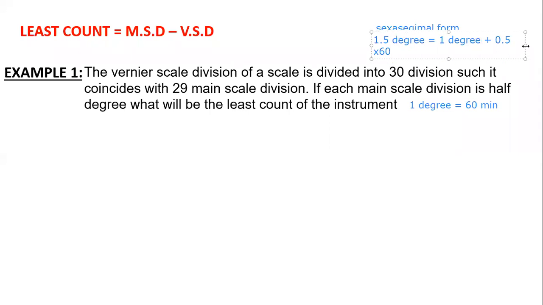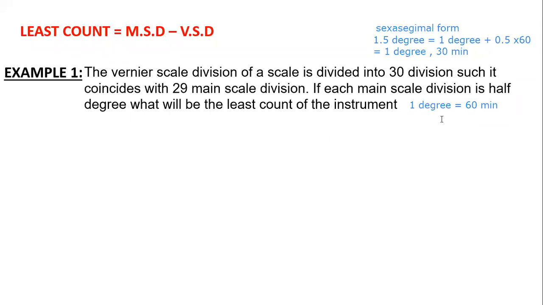This way, your final answer will come to 1 degree, comma, and 0.5 into 60 is nothing but 30 minutes. So this is your form.